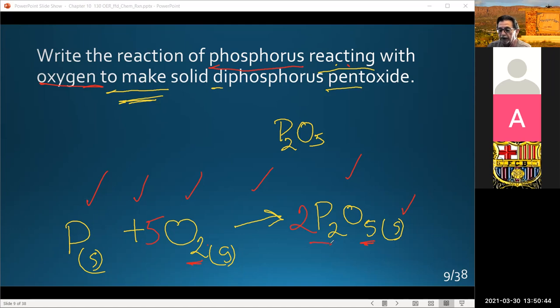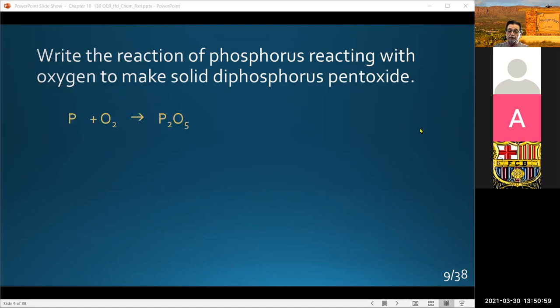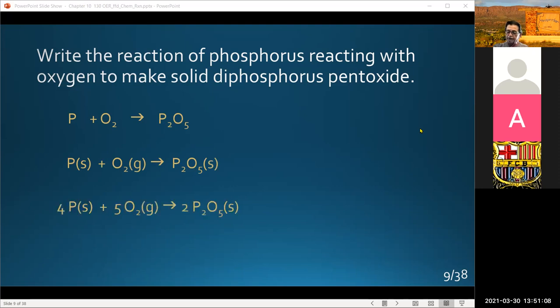That does kick up my phosphorus to 4, so no problem. I put a 4 in front of P for phosphorus, and I have a balanced chemical reaction. Let me clear the mess, and we'll use the slide. Here's the formula we just wrote down, and we put in the physical states, and then we balanced it.